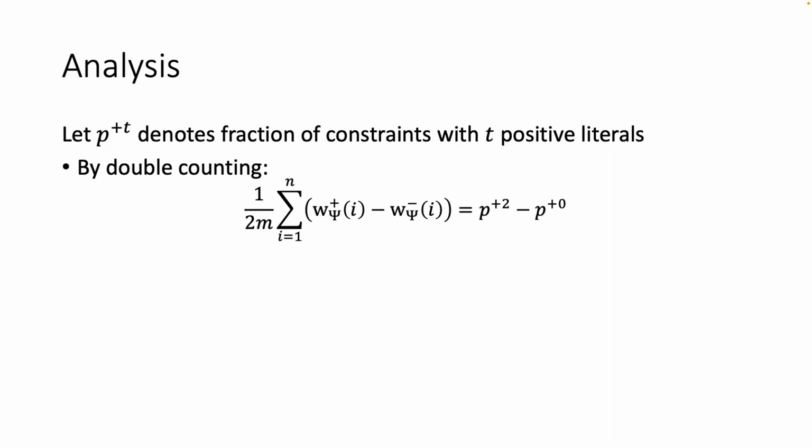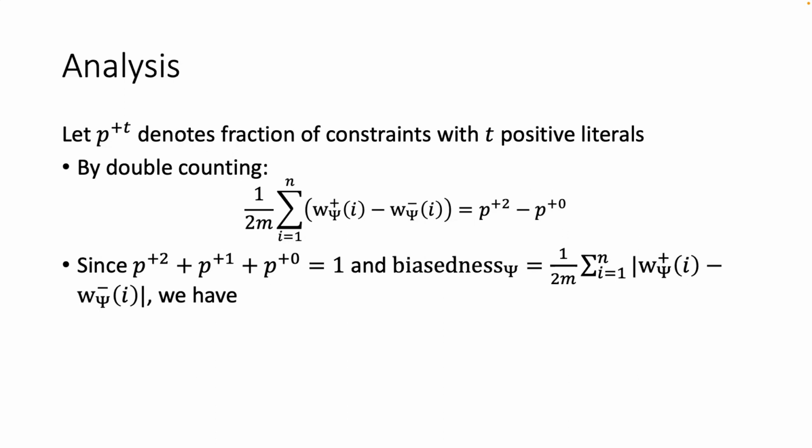If both variables in a constraint are negated, that contributes two -1s to the sum, so overall -1 because of the factor of half. And if a constraint has one positive literal and one negative literal, it's a wash: there's a +1 and a -1, so it's net 0. Altogether, the left-hand side is basically the number of constraints with two positive literals minus the number of constraints with two negative literals, up to scaling. That is true for every instance.